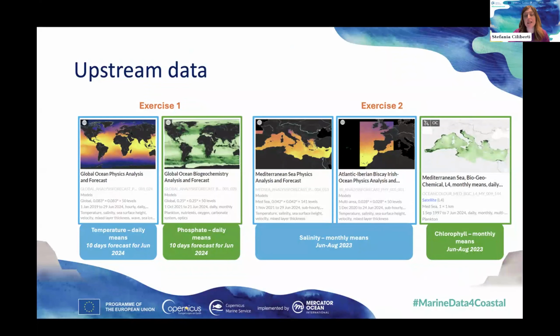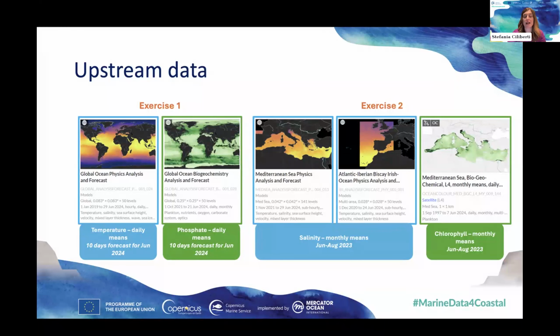In the specific exercises that we propose, we tried to give you an overview of how to visualize the Copernicus Marine data, coming from the model products, but also from the satellite high-resolution products provided by the service.